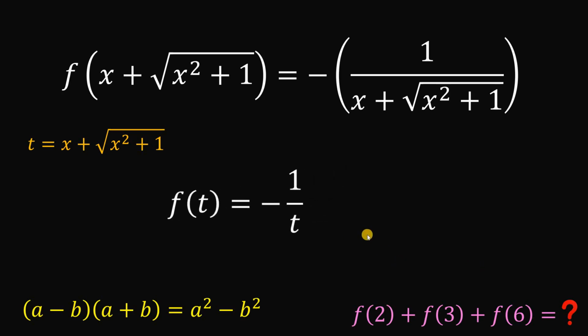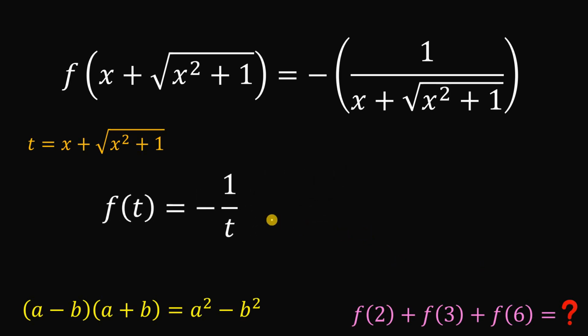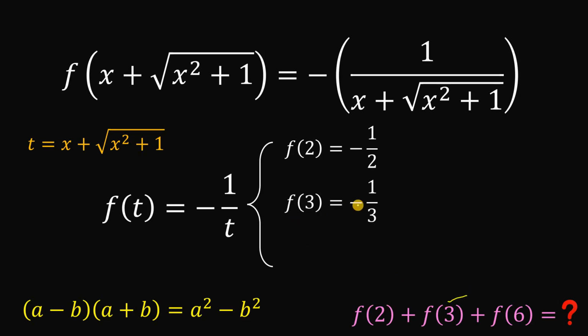So, if we let t be equal to 2, we get f(2) = −1/2. And if we let t be equal to 3, we have f(3) = −1/3. And if we let t be equal to 6, we have f(6) = −1/6.